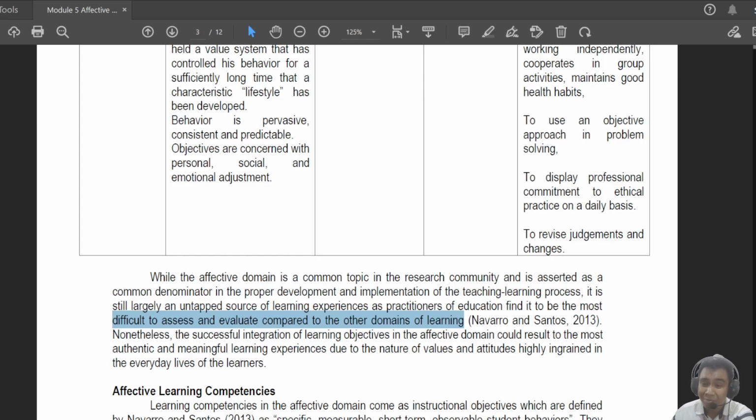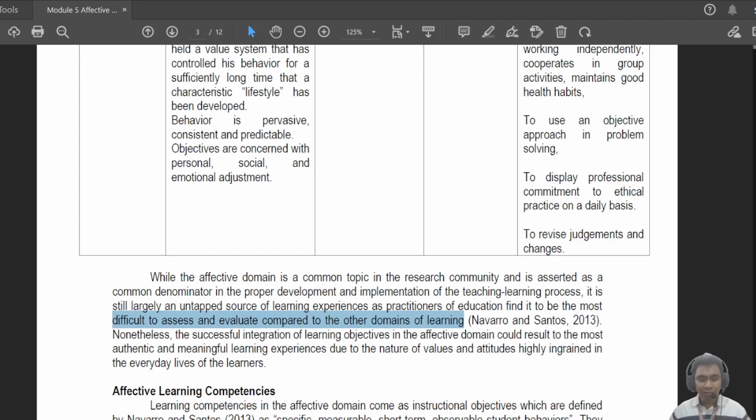Valuing, of course, mahirap din. Di mo sali organizing. Kasi hindi mo naman nakikita yung internal conflicts ng mga bata pag nakakuha sila ng bagong value. Okay? So, what's important here is you define your objectives in an observable manner. Kahit mahirap siyang i-assess, it's not impossible to assess.